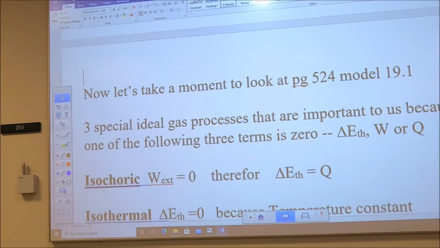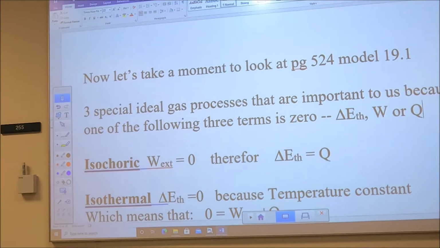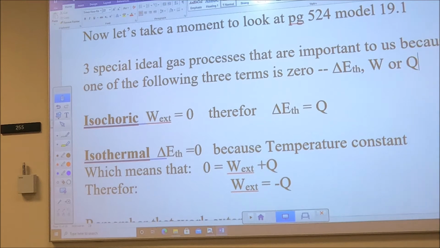Now, we're going to talk about 3 special processes. And what's special about these 3 processes is that for each process, one of the 3, change in thermal energy, work, or heat, is 0. Now, in an isochoric process, work external is 0 because there's no change in volume.